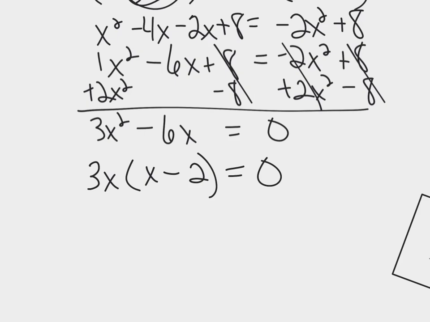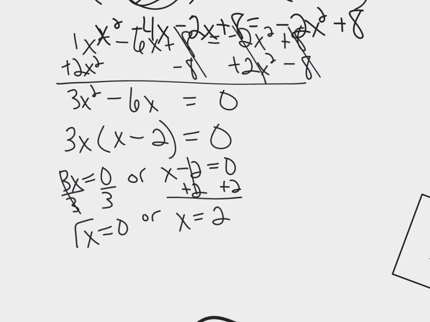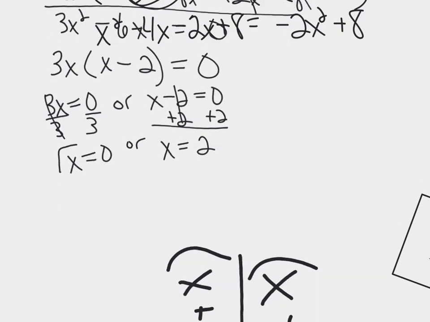And so that means, if these things multiplied together equal 0, either 3x equals 0 or x minus 2 equals 0. So if you solve this, the first one says x equals 0, and the second one says x equals 2. So you look at that and you say, okay, those are my answers. Well, not so fast. We got to check those answers and make sure they work.